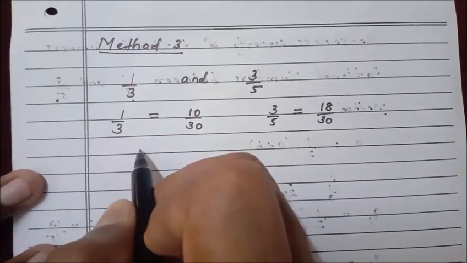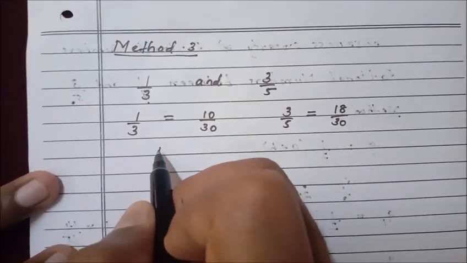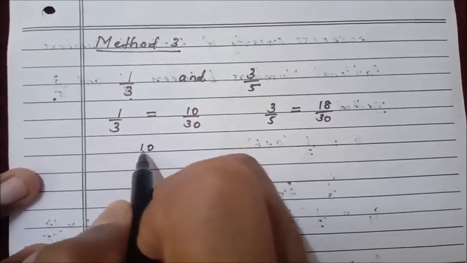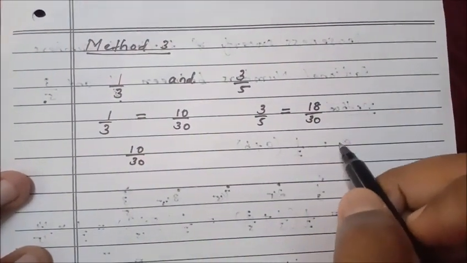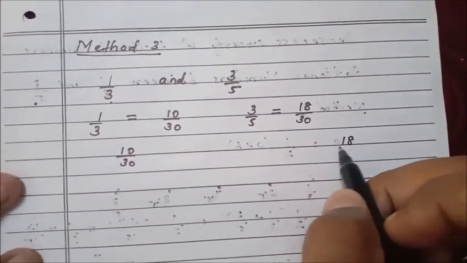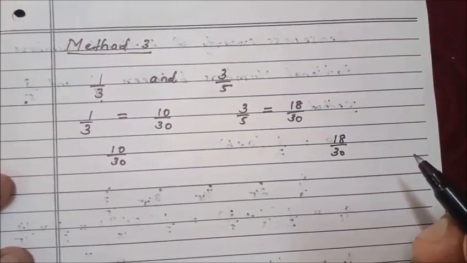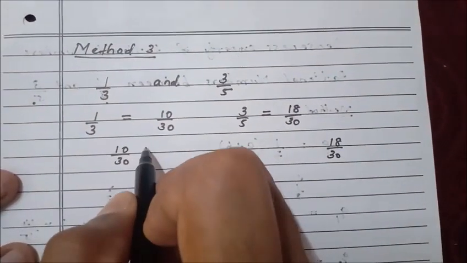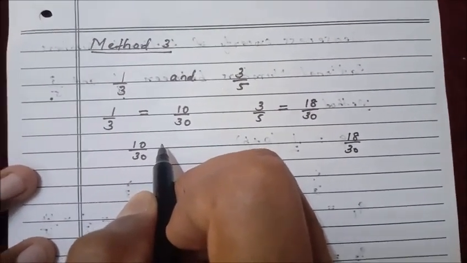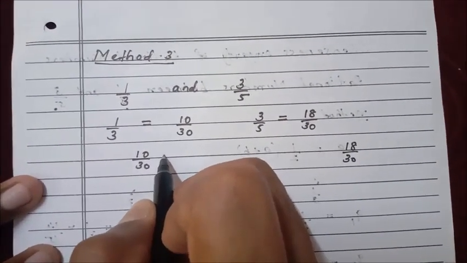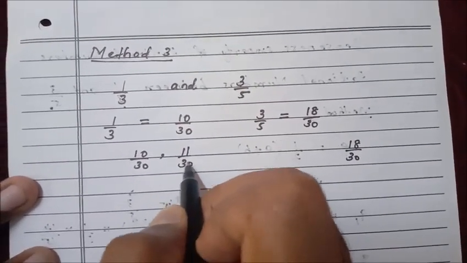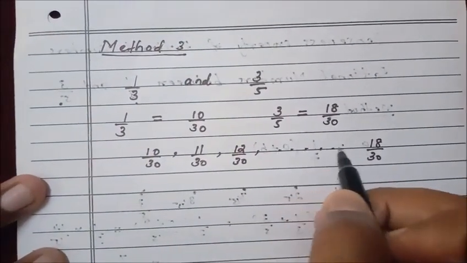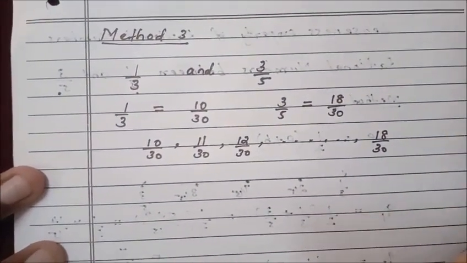So if you take 1 by 3 as 10 upon 30 and 3 upon 5 as 18 upon 30, we can see that between 10 upon 30 and 18 upon 30, there are 7 rational numbers like 11 upon 30, 12 upon 30, so on.